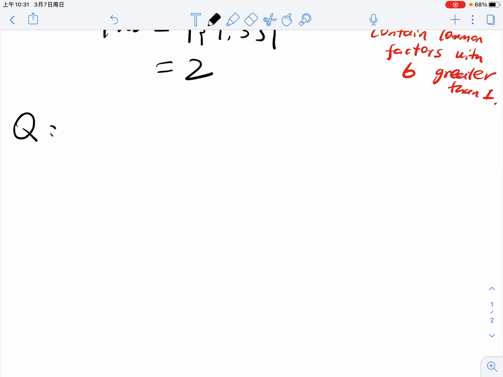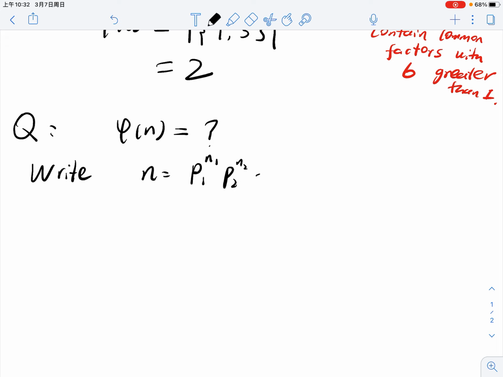And then a general question is, can we have a formula for general n? The answer is yes. And to do that, we just mimic what we did for the case we showed above. We first write down n as a product of primes. So that is p1 to the n1, p2 to the n2, up to pk to the nk.